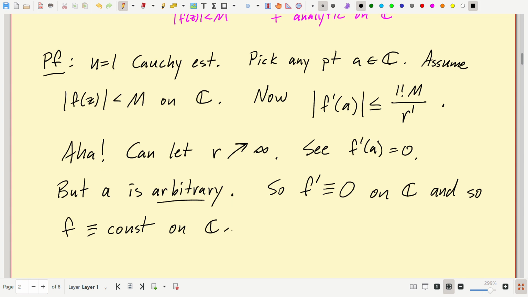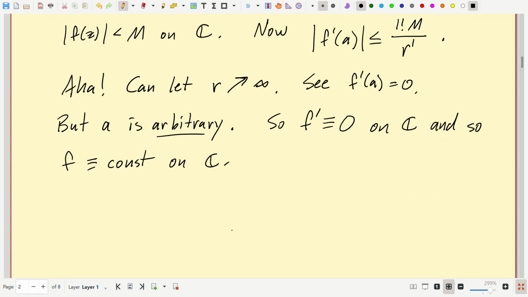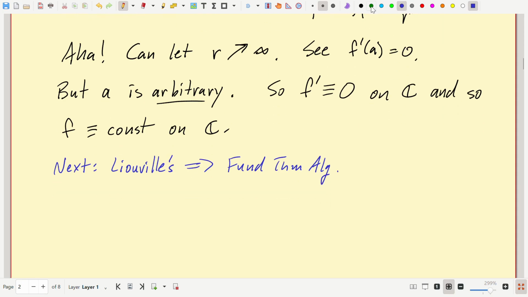And so now I'm going to show you that Liouville implies the fundamental theorem of algebra in a very straightforward manner. I guess before I do that, I need an estimate, which is going to be useful in a lot of things we do in the future.